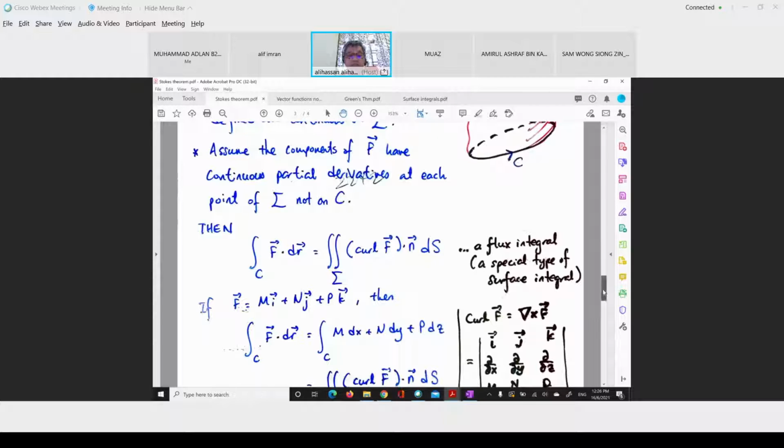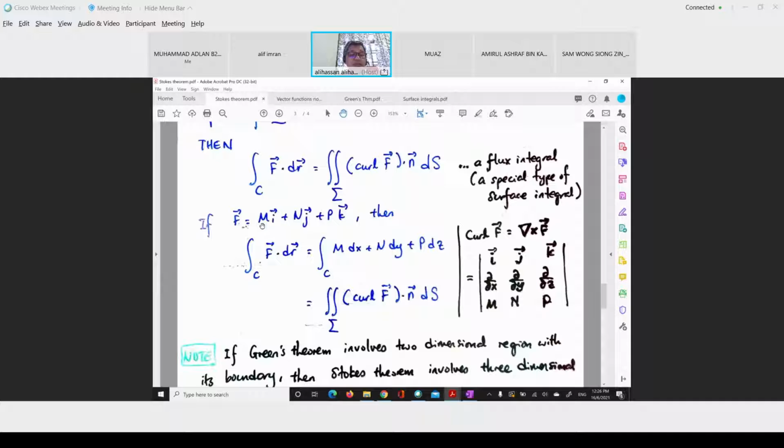If F takes this form with components M, N, and P, then we know that the line integral can also be written in this alternative form. So this line integral in the alternative form is also equal to the surface integral of curl F dot normal vector n dS over sigma.